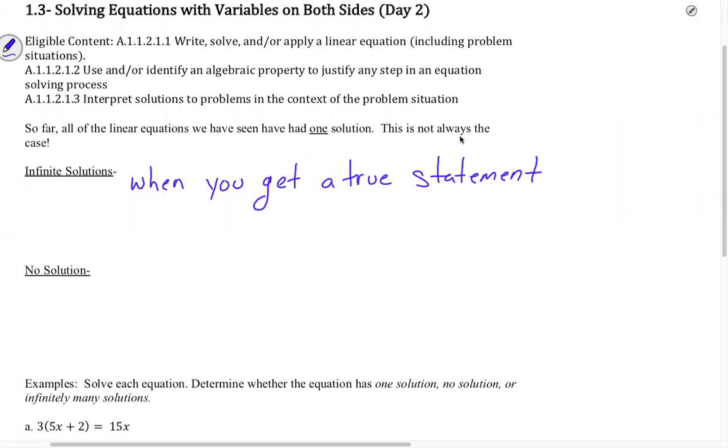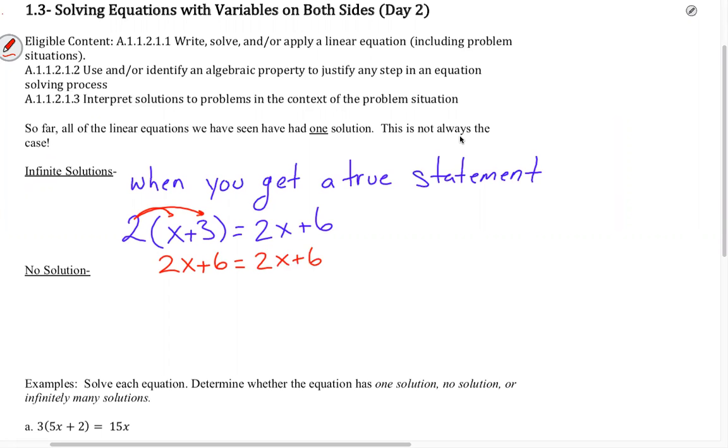For example, if I were to write 2 times the quantity of x plus 3 equals 2x plus 6, how is this a true statement? Well, let's look. If I distribute that 2 to try and solve, I would get 2x plus 6 equals 2x plus 6.